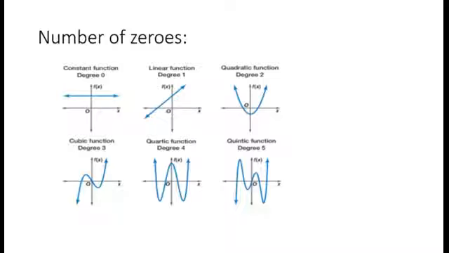This is the first time and this is the second time. For cubic it will be 3, for a biquadratic function degree 4, and for a quintic function degree 5. So you can see the graph is touching the x-axis 5 times. In this manner we just observe the graph and find out how many zeros or roots there are for the given polynomial.